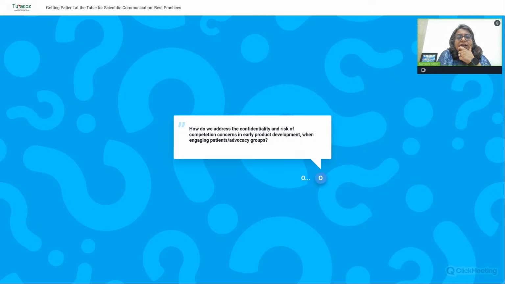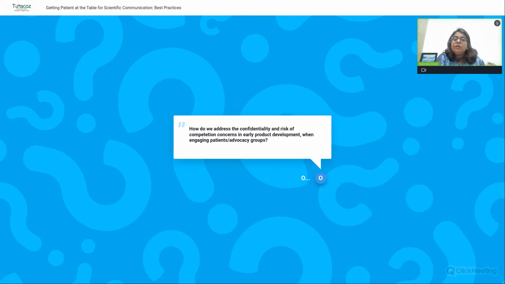How do we address the confidentiality and risk of competition concerns in early product development when engaging patients and advocacy groups? This is one of the challenges. I think we can always sign confidentiality agreements with the patients.